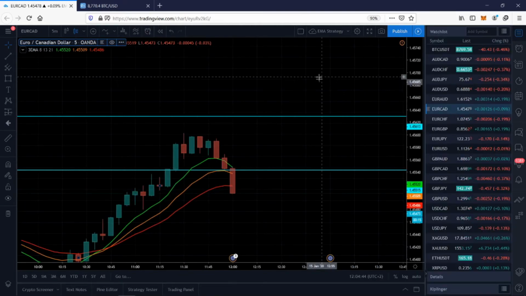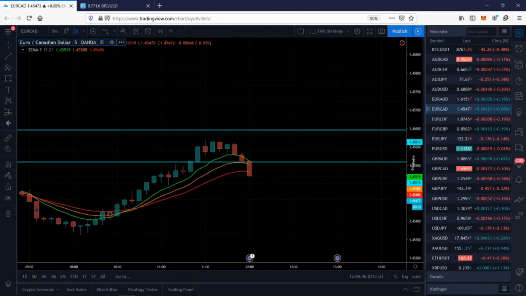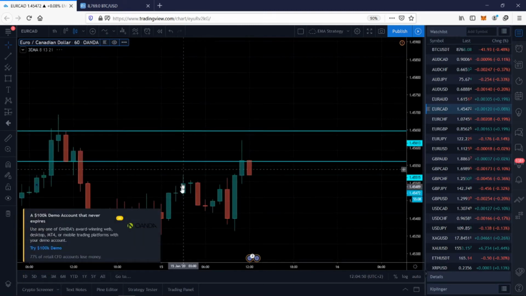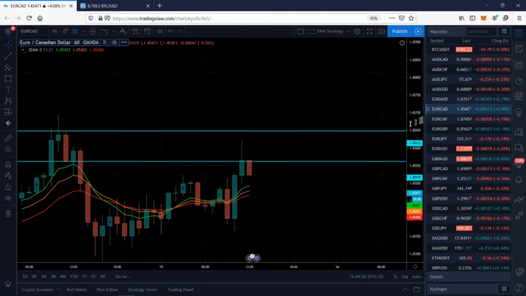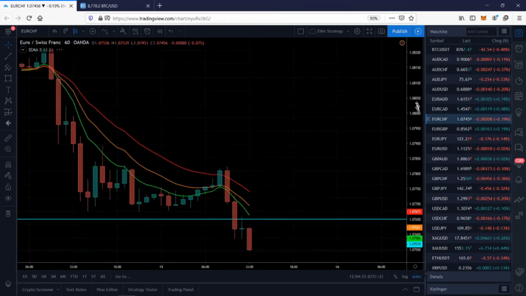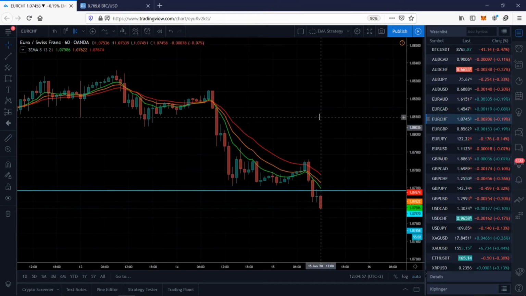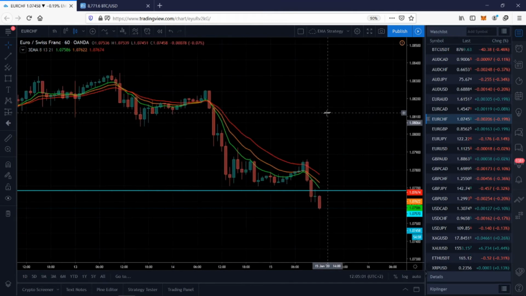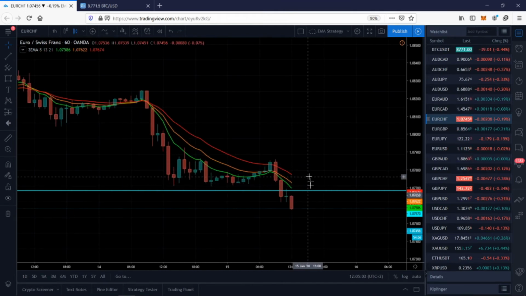What we can also do now is we can just go and have a look and see if there are any other suitable trades that we can look at a bit closer. So Euro Swiss franc. Okay, this one is looking fairly promising.